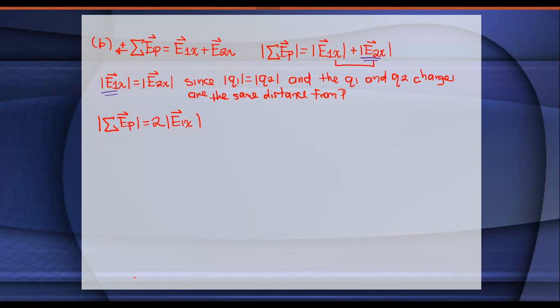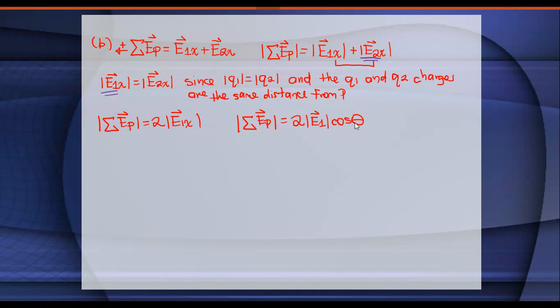So I can write the net electric field at point P as equal to 2 times the electric field due to charge 1, multiplied by cosine of theta.